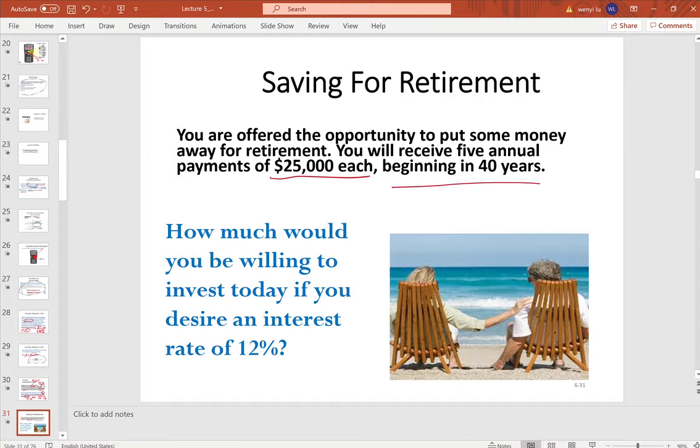So after 40 years, you will receive the first payment. Then in the next 5 years, you will continue to receive the next 4 payments. Based on these cash flows, how much are you willing to pay to invest? Suppose the desired rate of interest is 12%.